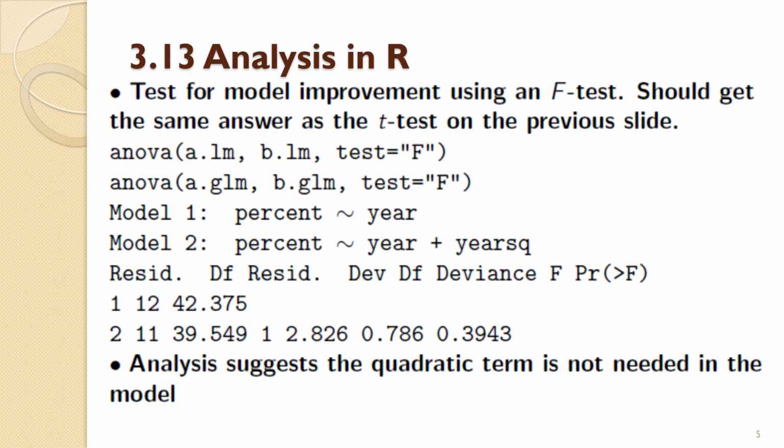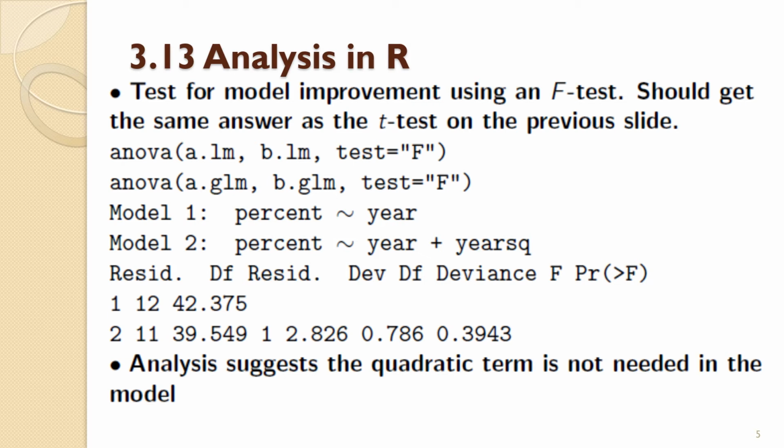And once you do this, this is the version of the results, and you have here that the p-value in this case is 0.3943. So you get the same interpretation in terms of the F-tests and the t-tests.